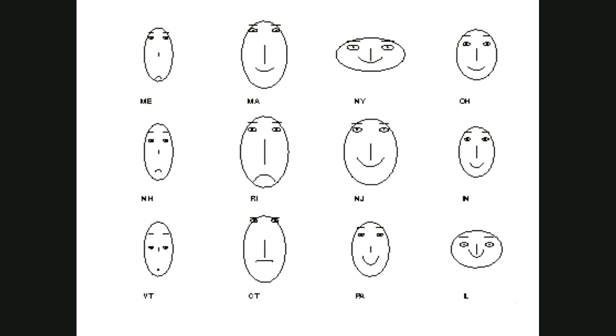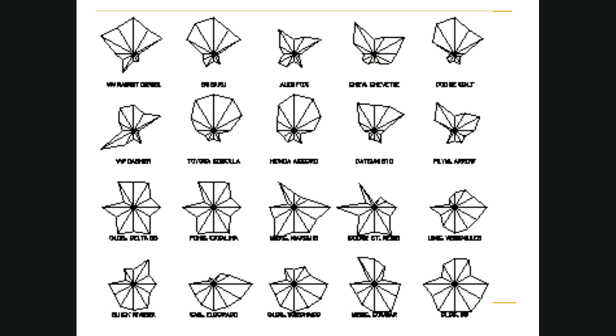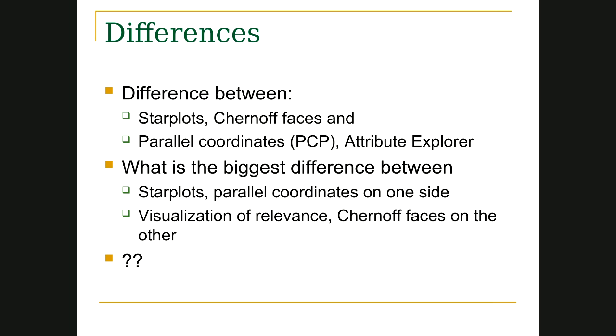Here are star plots. What's different? Well, these are similar in a way, if you think about it. How are they similar? And on the other hand, how are they different from parallel coordinate plots and something like Attribute Explorer or Easy Chooser? Here's a parallel coordinate plot.